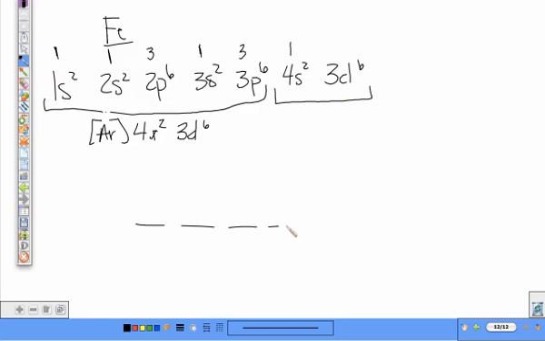This is probably the one where it may or may not have an electron on it. This is 3D. It would look like this. So do each of the 5 orbitals have at least 1 electron? Yes, so we can add those 5 to it.